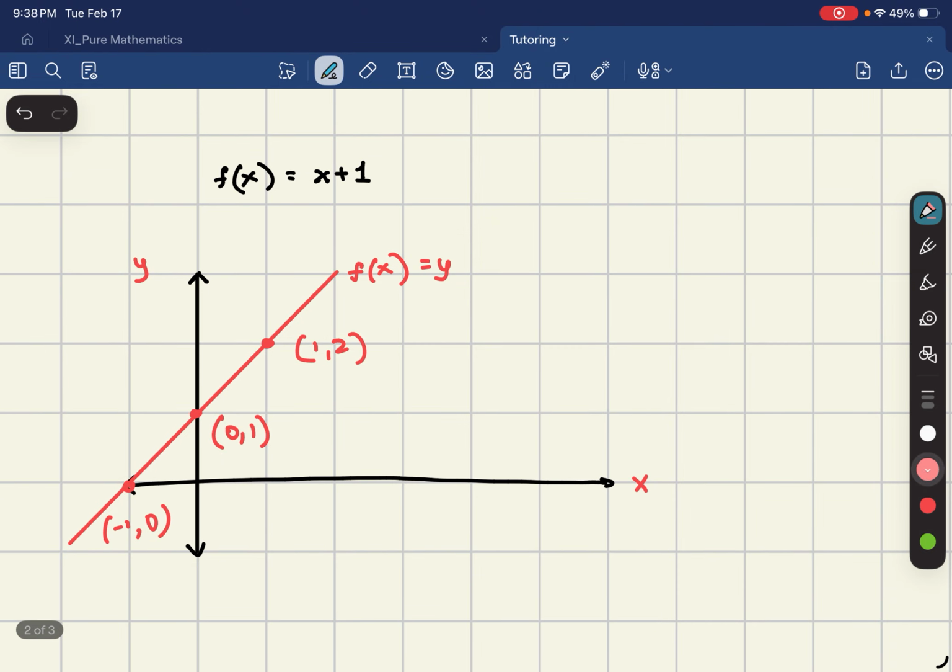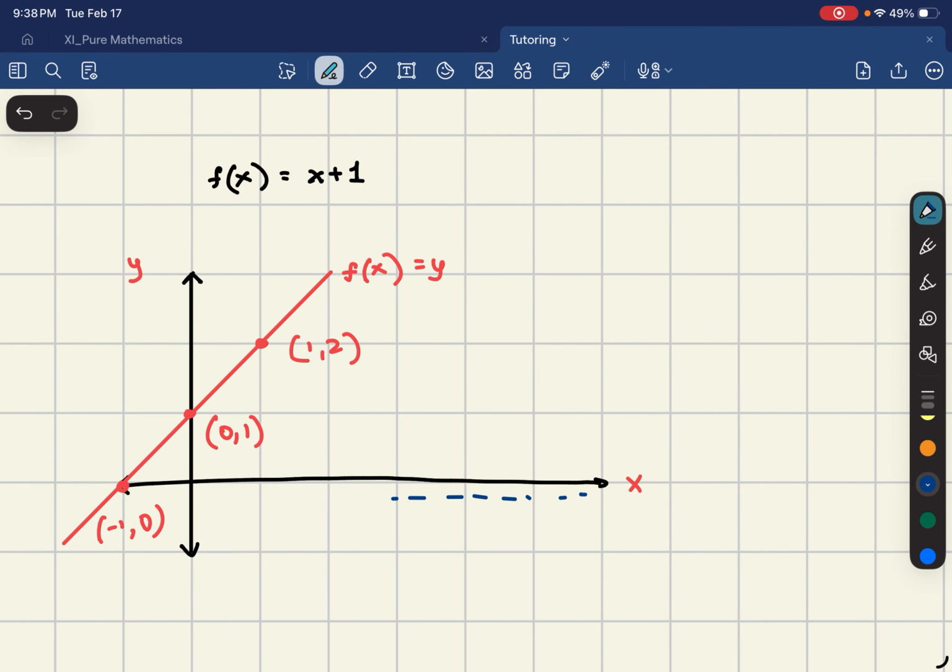And basically what the vertical line test tells me is that at any x point, at any point along this x-axis where you see the graph of the function, if you drop a vertical line, then it must only cut the curve or intersect the curve once.